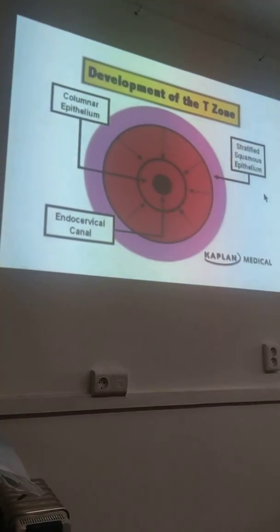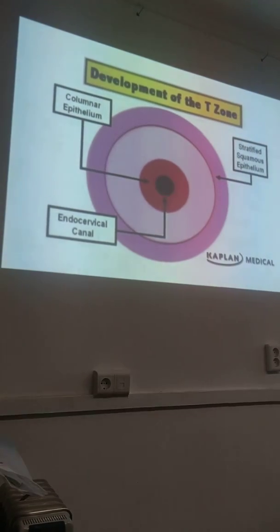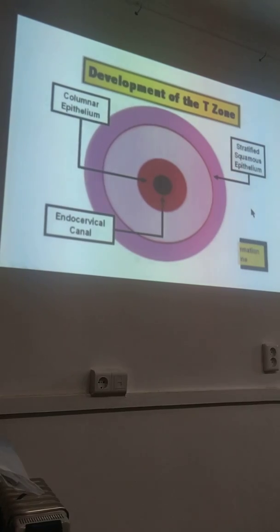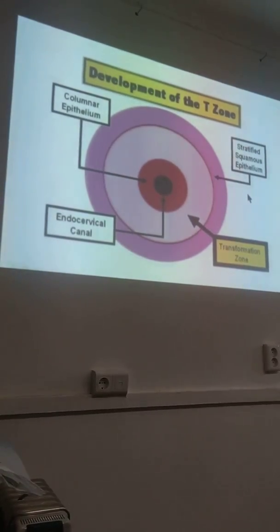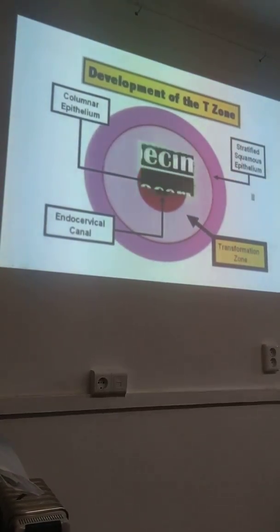And this area here is changed from columnar epithelium to stratified squamous. The new squamous-columnar junction is here, and this area is known as the T-zone. Why is that important? Because 95% of cervical cancer and dysplasia arises in the T-zone.